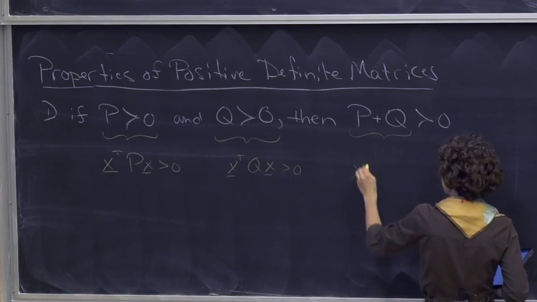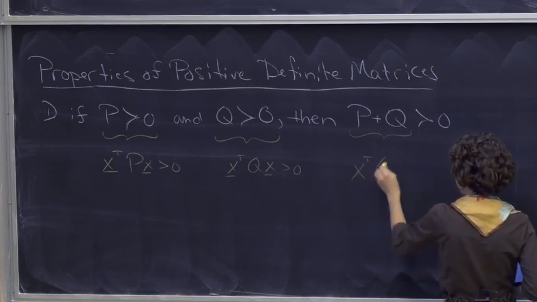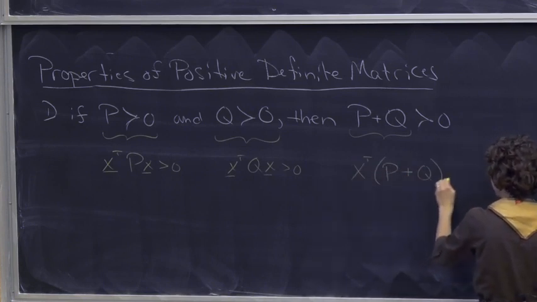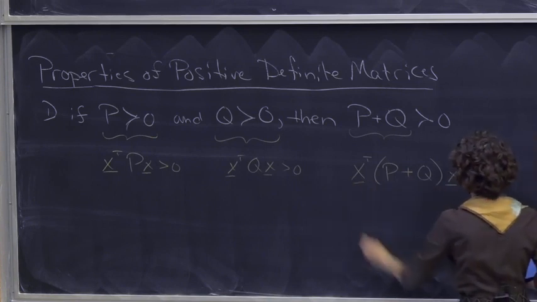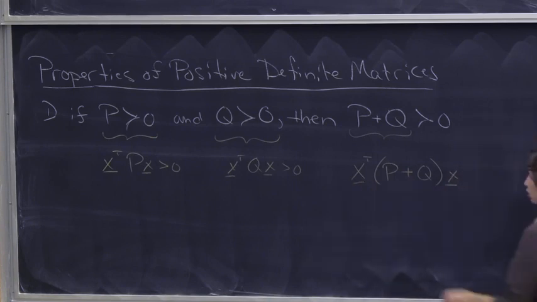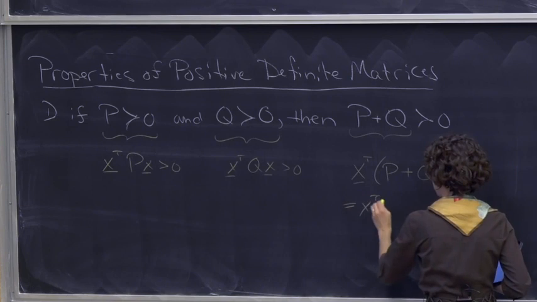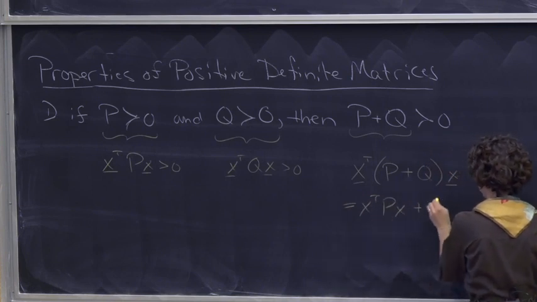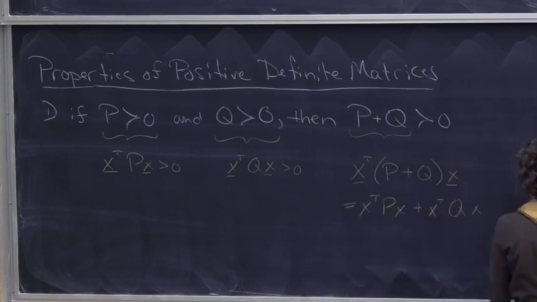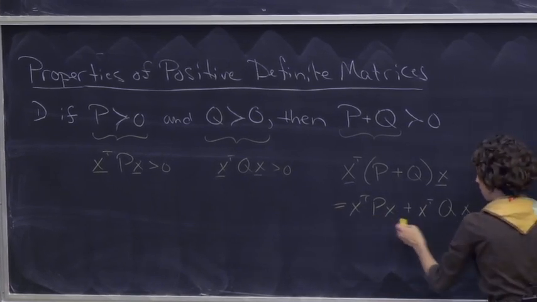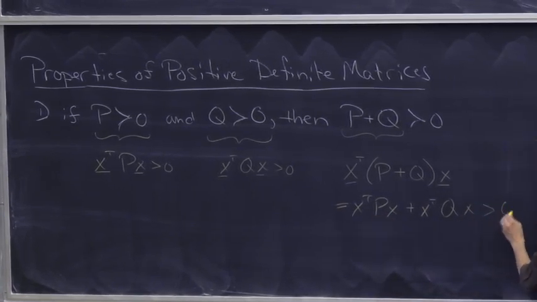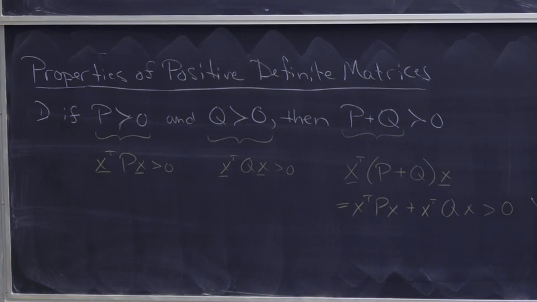So in order to look at that, we would look at x transpose (P plus Q) times x. And now what we can do is we can expand that. That's x transpose Px plus x transpose Qx. And we already established that both of these are greater than 0 for all x that's not equal to 0. So properties like this just pop out very naturally and very simply from the definition.